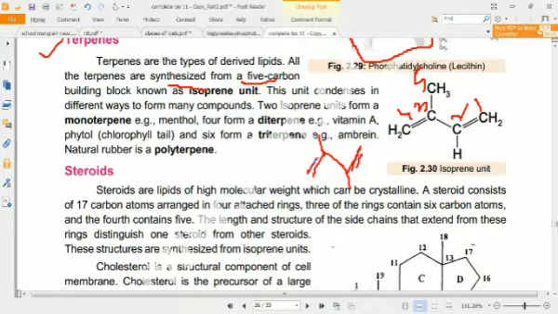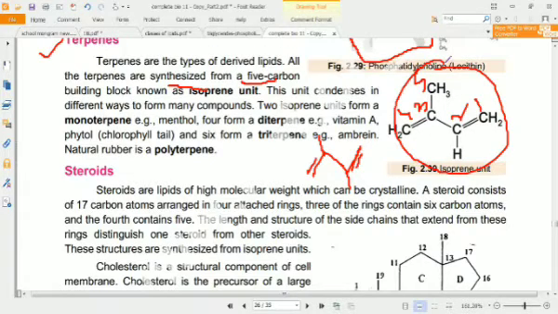So you can see this unit condenses to make a polymer or a macromolecule with the combination of lots of different ways, but with the continuation of this isoprene unit.